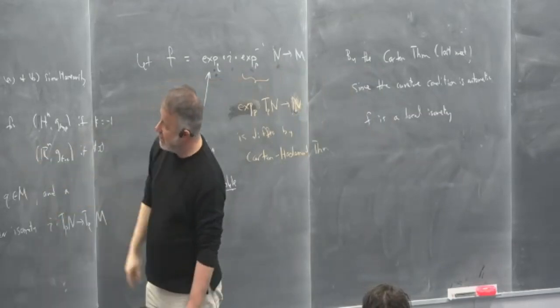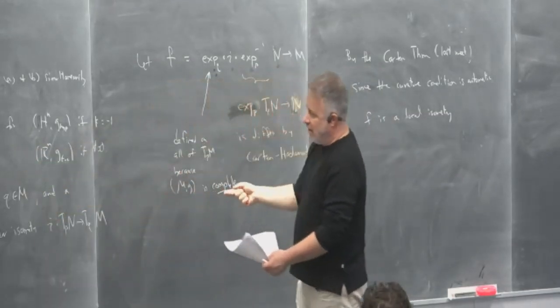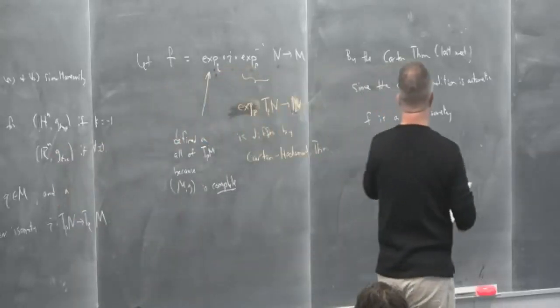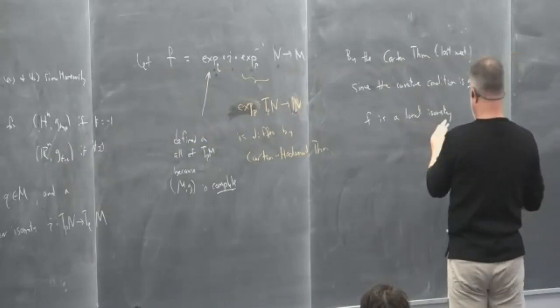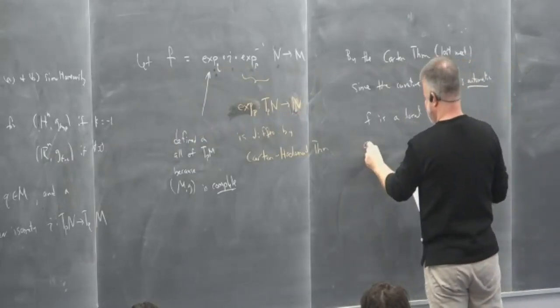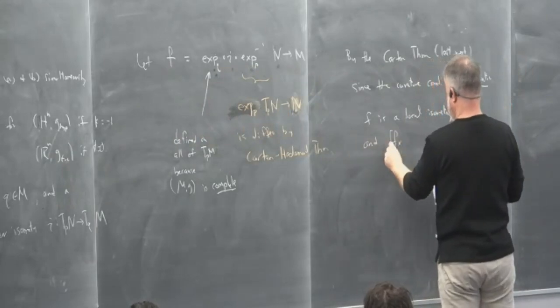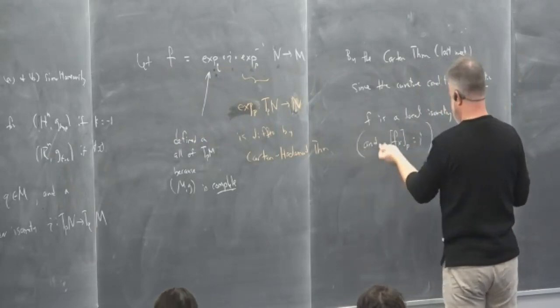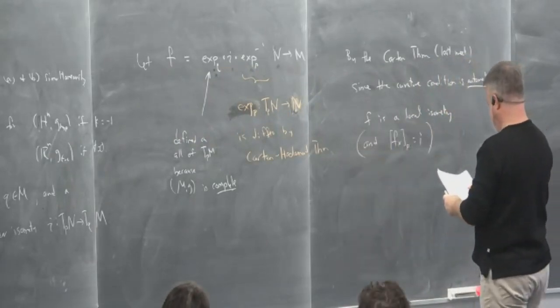Our assumption is that M has constant sectional curvature k, and we choose A or B depending on whether k is -1 or 0. So this is automatic. So we get that this is a local isometry. And F star at p is I. That's a consequence of the Cartan theorem, but I'm not going to really need that.